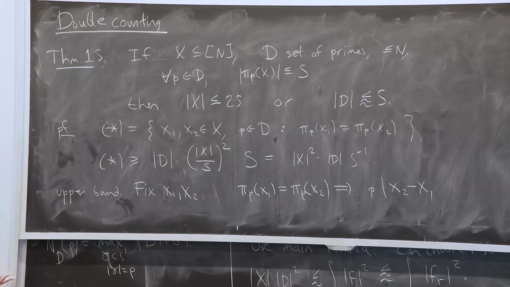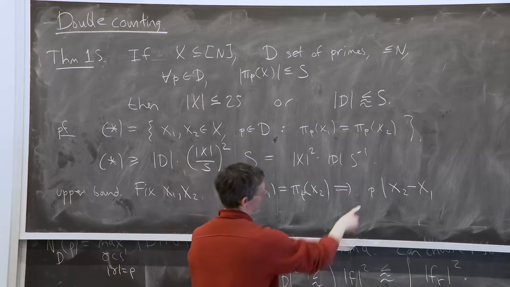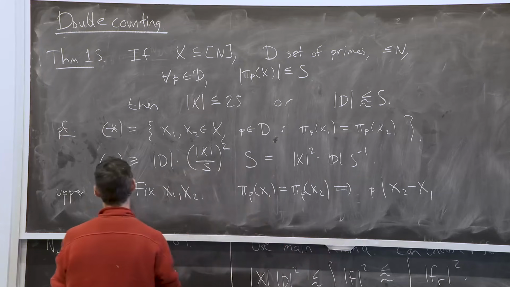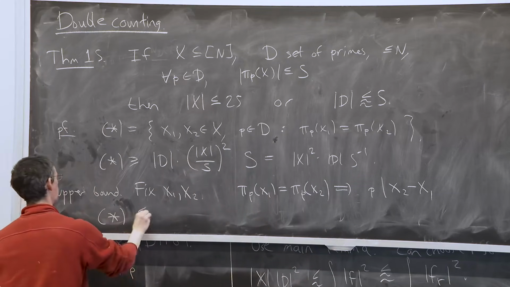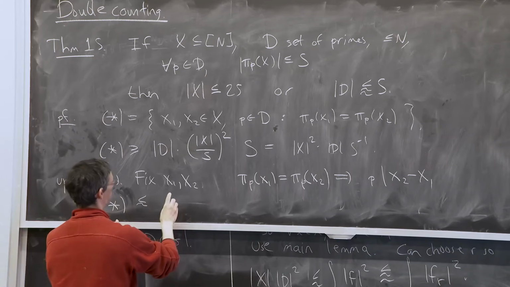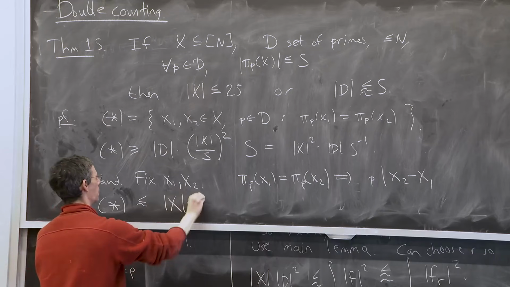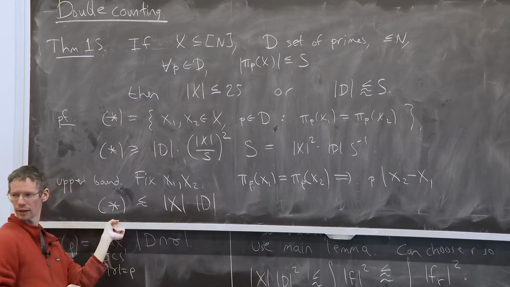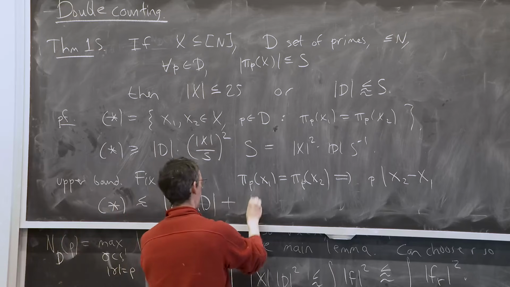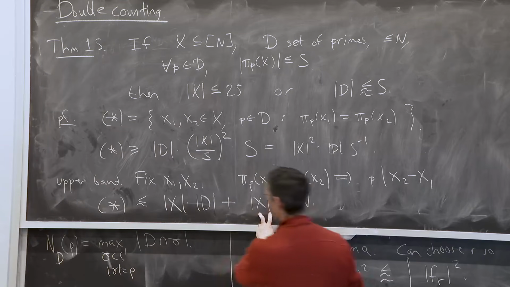And there can't be that many different primes that divide X2 minus X1. X2 minus X1 has size at most n, so it could be at most log of n that do this. So star is upper bounded by: OK, there is a case where X1 equals X2. That gives me |X| times the number of directions. And then if X1 is not equal to X2, I have |X| squared choices for X1 and X2, but I have only log of n choices for the direction.